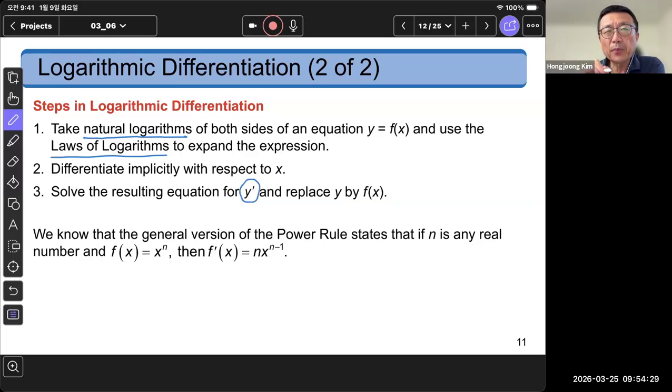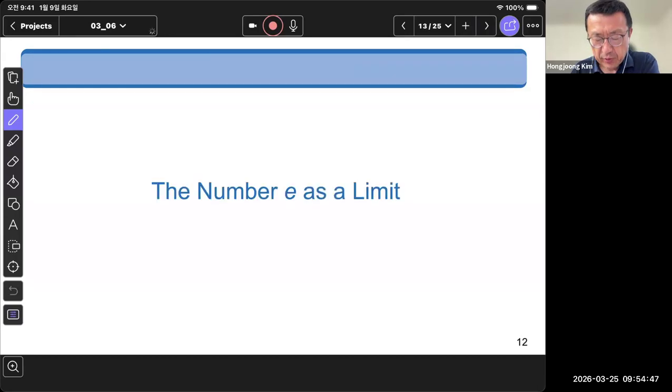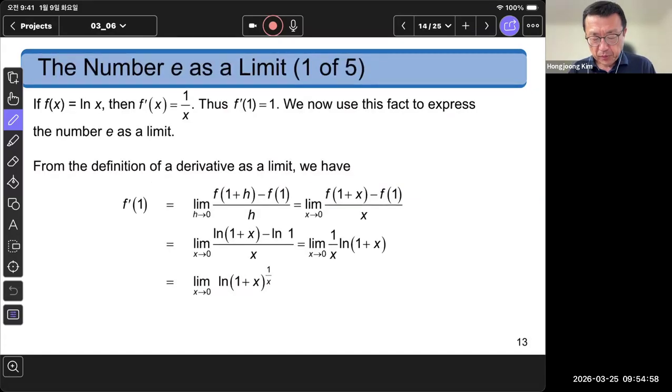If you happen to have y in the expression, you need to replace that y with the original definition f of x. So that is the procedure for logarithmic differentiation. And I will show you some more examples in a moment.